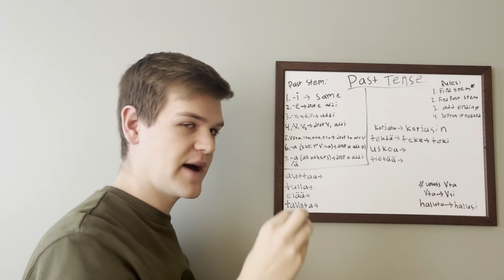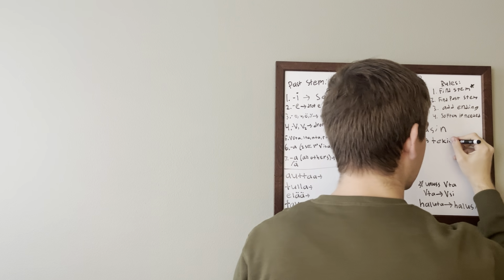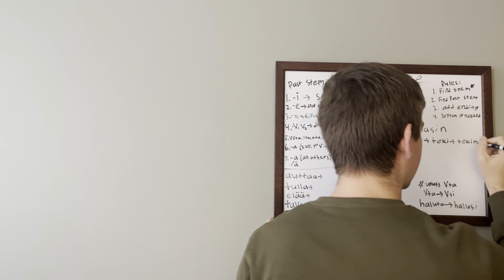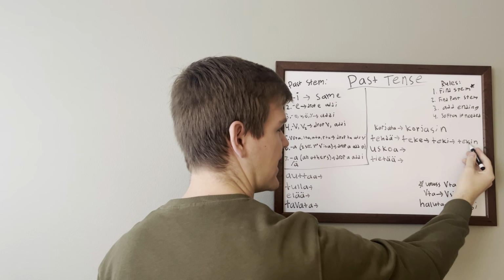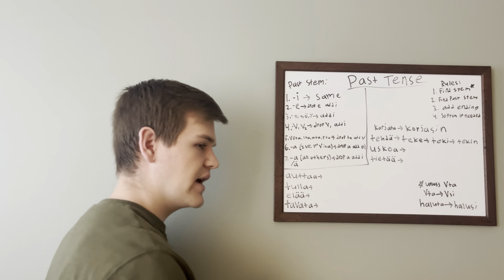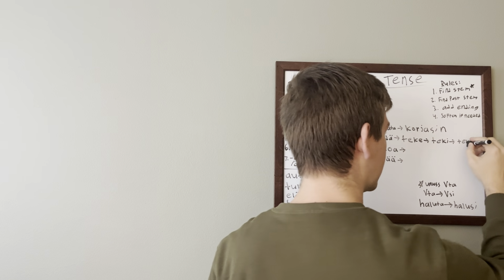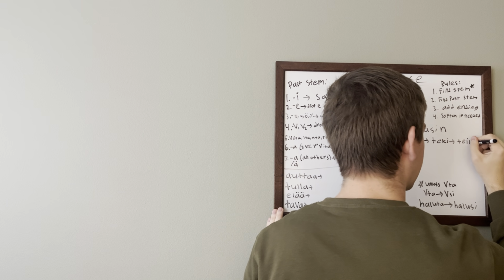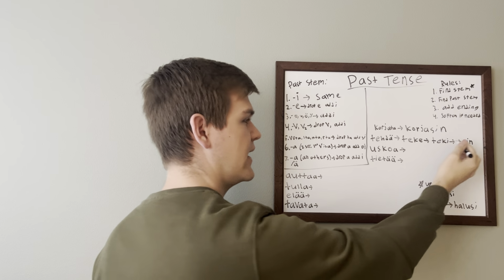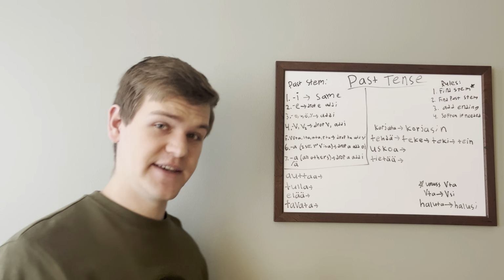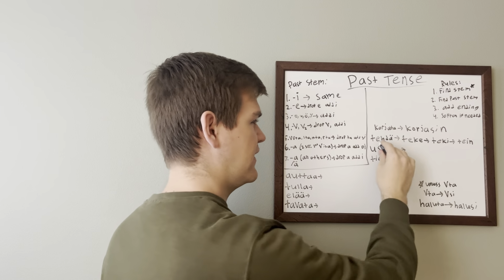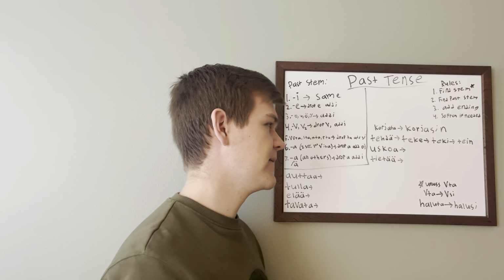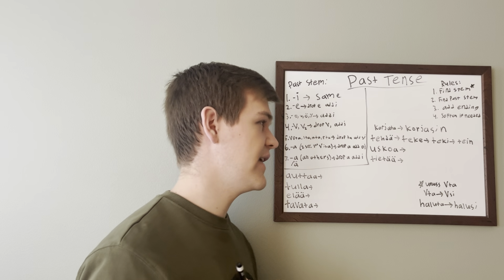And then we want to add an N. So we get something like tekin, but then we have to soften this K, and K softens all the way out of the word. So we can get rid of the K, and we get tein. So since tehdä was to do, tein is I did. So find the stem, past tense stem, add the ending, and soften. So tein is I did.